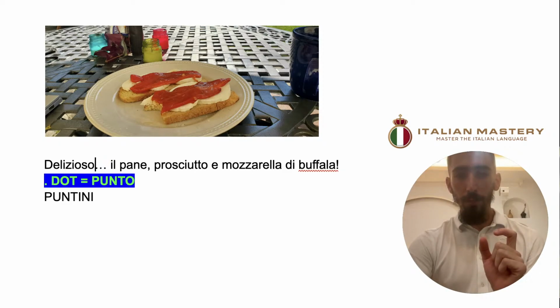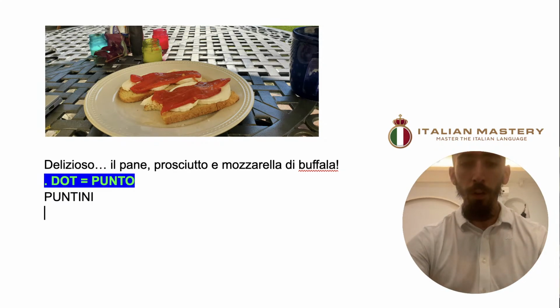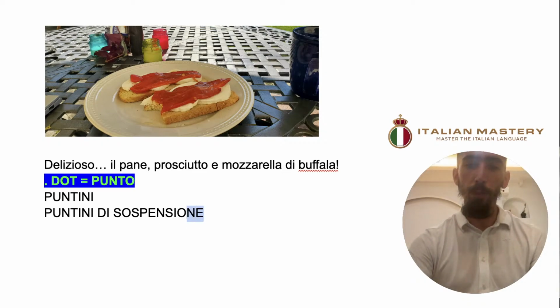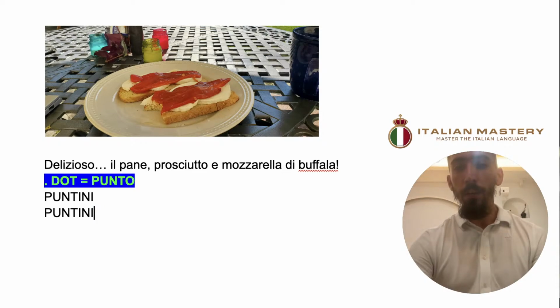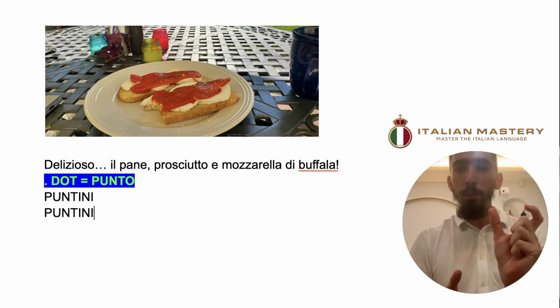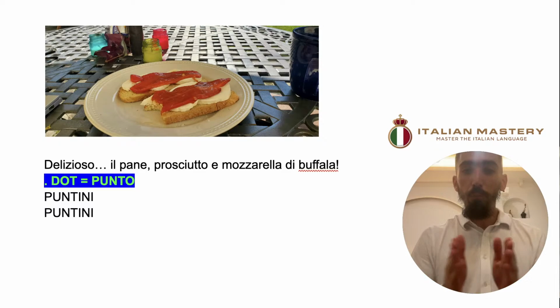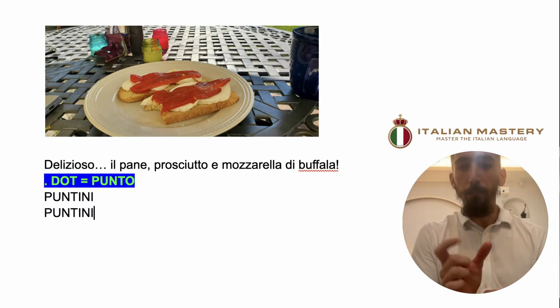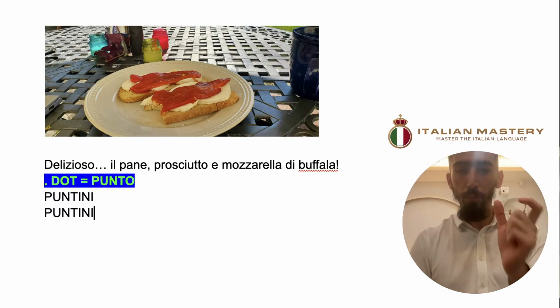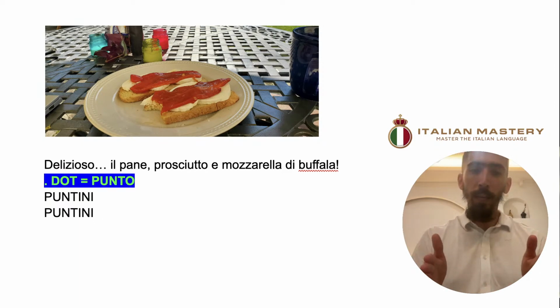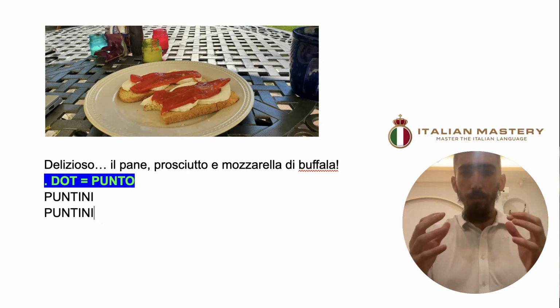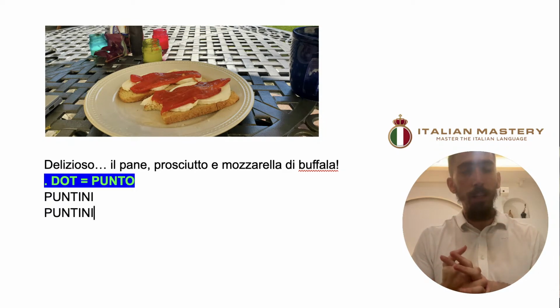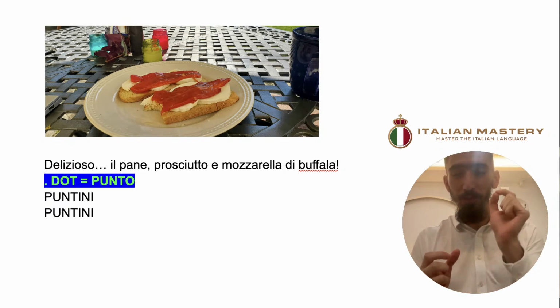uses this format. These are called puntini or puntini di sospensione. I think this is more advanced. Most people wouldn't even know it. Puntini is the diminutivo of punto or punti. So we have the word dot or point and we make it less, or we want to give the idea that the point in question is small.